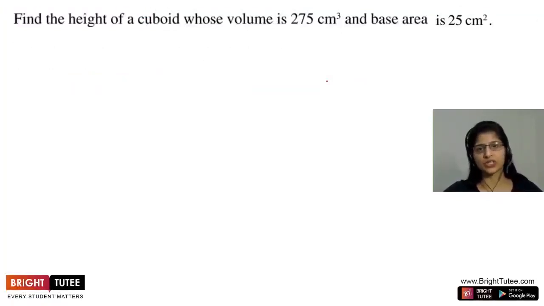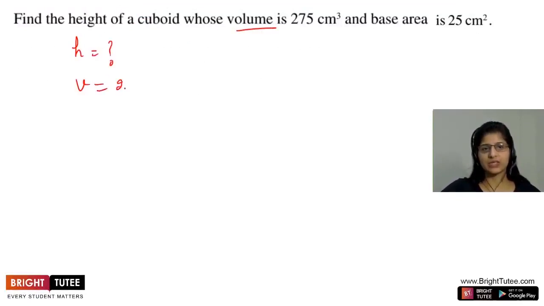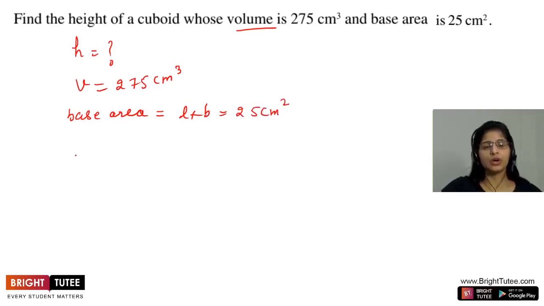Now here is one question. We have to find the height of a cuboid. So height is to be calculated. Volume is given as 275 cubic centimeter and base area is given. Base area, that means L into B, is given as 25 square centimeter. So volume we know is length into breadth into height, and it is equal to 275.